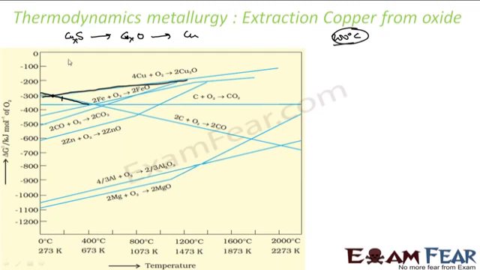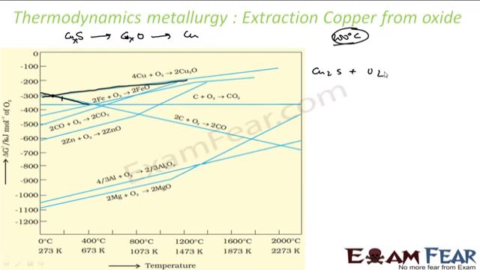Right? So to convert the sulfide to oxide, we need to roast it. During roasting, copper sulfide is converted into copper oxide, and the reaction is this. You have sulfide, you convert this into oxide form. The real reaction is Cu2S, copper sulfide.